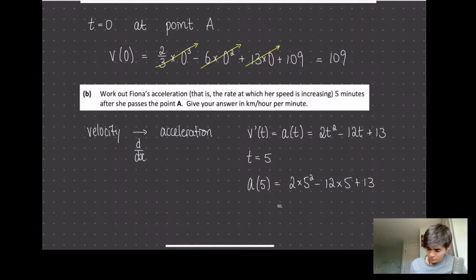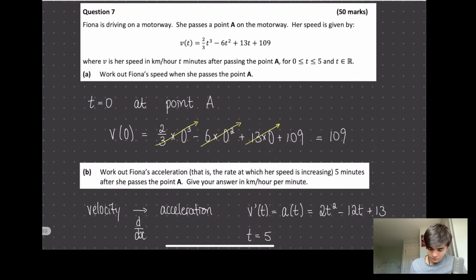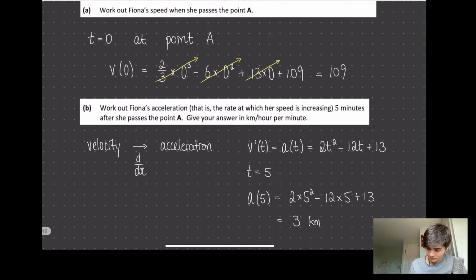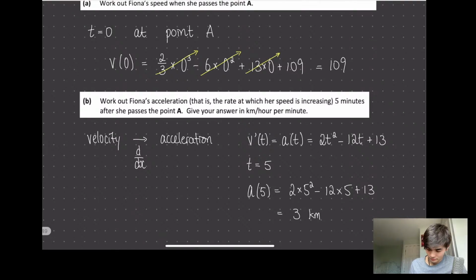Okay, and if we work this one out, I think it's 3. Yeah, that looks about right. All right, so do you have any questions so far? Is that all okay?